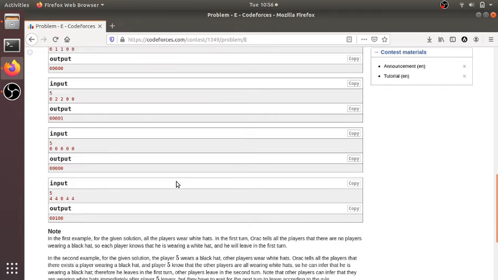In the second round, nobody left, but maybe in the second round a black hat left. I am not sure, but in the first round, since nobody left, the last one... In which round did the black hat guy leave? I think he will leave in the 5th round. If he leaves, he knows that in the first round he is wearing a black hat, that everybody will come to know there is no black hat wearing person, so everybody will leave. Yes, he left at the 5th round after everybody left.